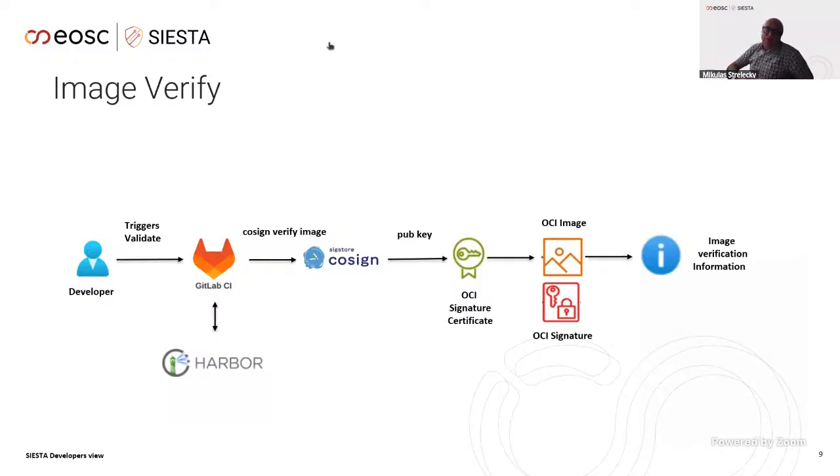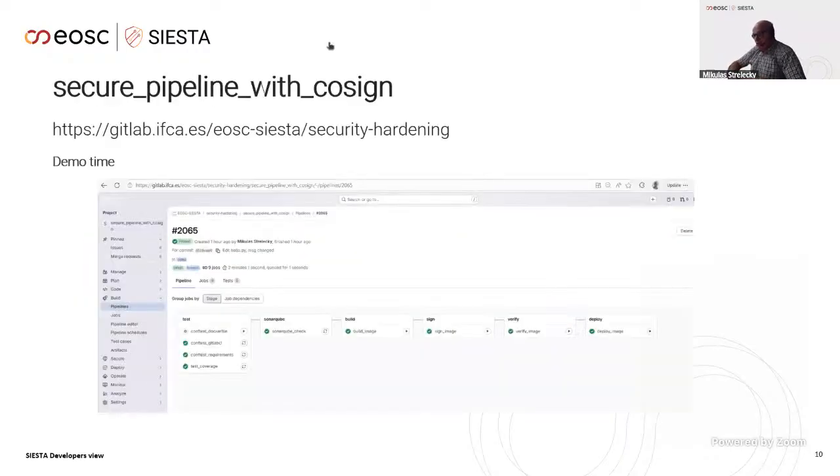Then, of course, you need to verify. You can use a public key to verify the signature, and then be sure that you are deploying only signed images which are secure on the platform. There is a pipeline, and if time permits, I will go through it in a short demo, but you can see it in GitLab on this link.